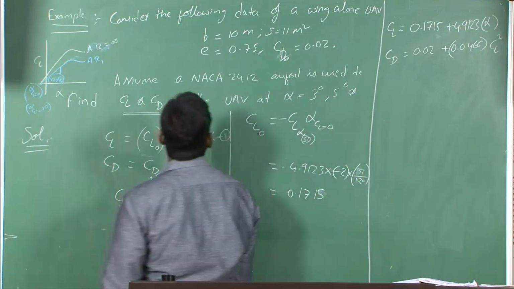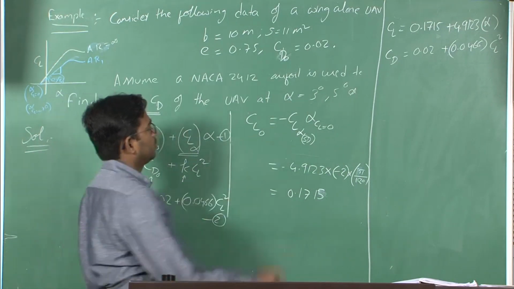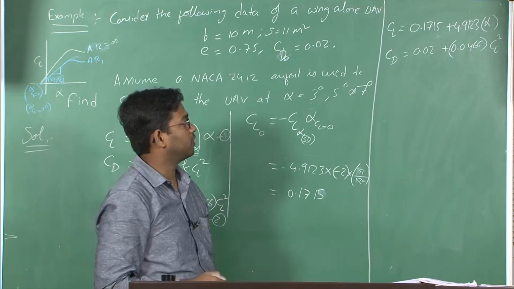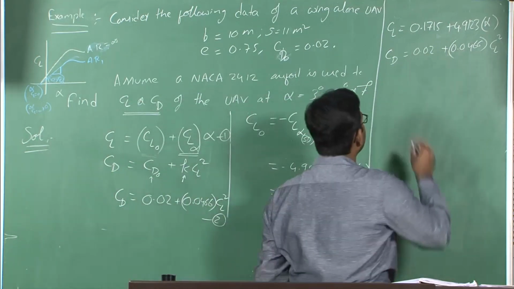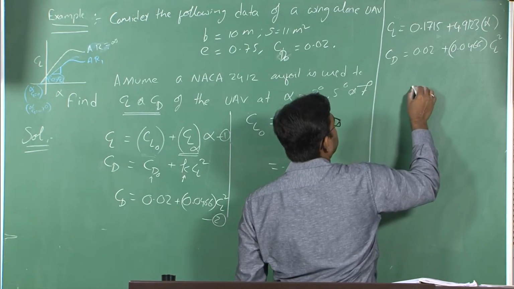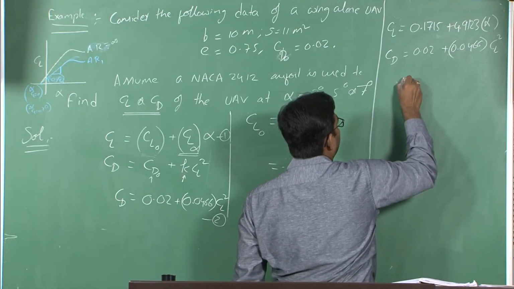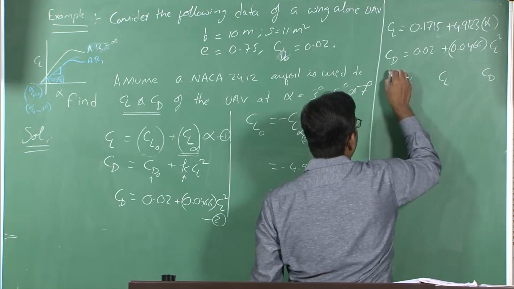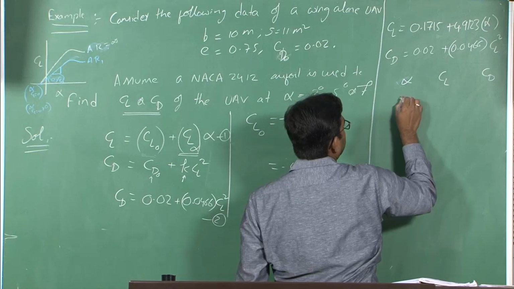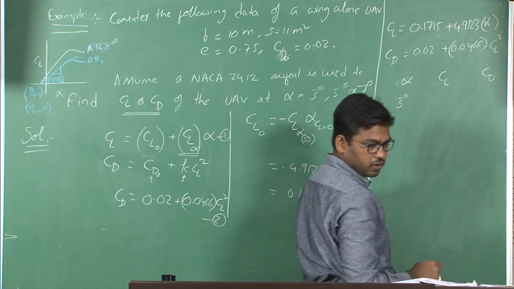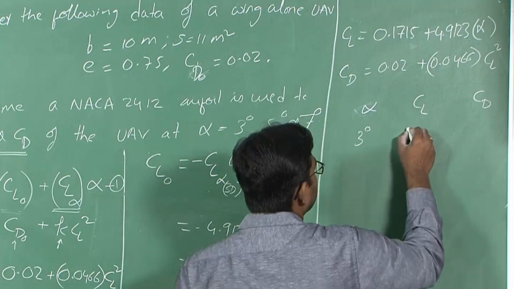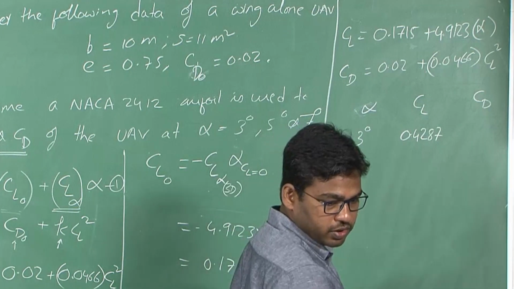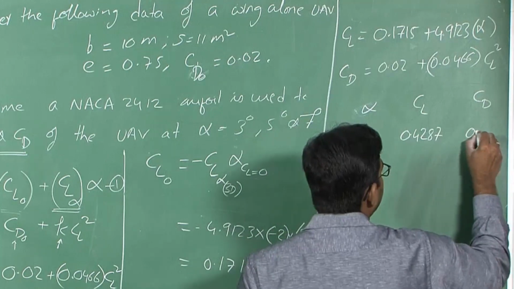Now we need to find this at 3 different trim conditions: alpha 3 degrees, alpha 5 degrees, and alpha 7 degrees. Say this is alpha, this is CL and the corresponding CD. At alpha 3 degrees, CL is 0.4287 and the corresponding CD is 0.0286.